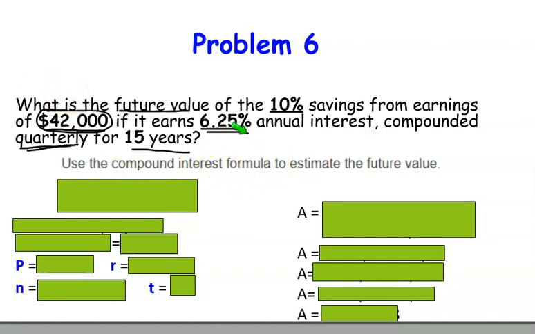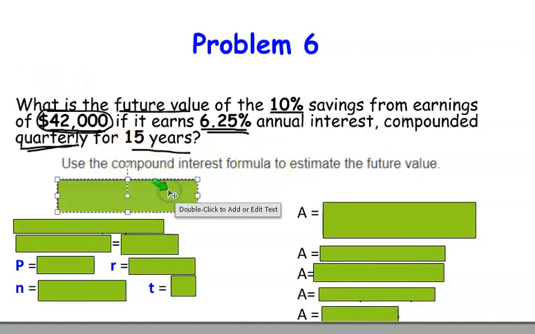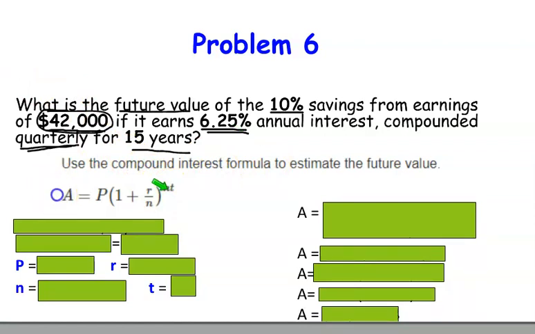Okay, so remember to use the compound interest formula. And you guys are becoming experts at formulas. You know by now that to solve this, you're going to take out the variables and replace them with numbers. And where do those numbers come from? The information given to you in the problem.